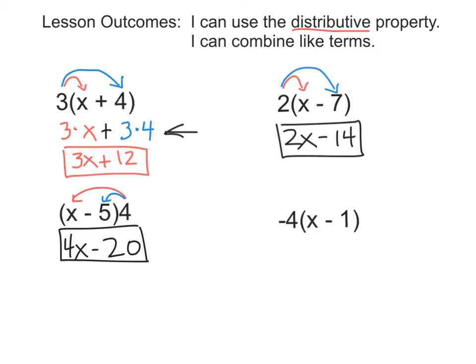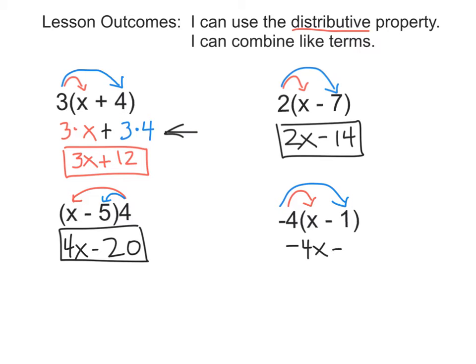This next one, you have to be careful because of the double negative situation that occurs, and I'll show you that. So if we multiply our distributing situation right there, we're going to multiply there, and we're going to multiply here. So negative 4 times x is negative 4x. And then, like I keep telling you in the previous examples, we're just going to bring that minus sign straight down.